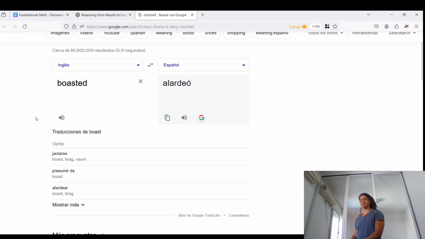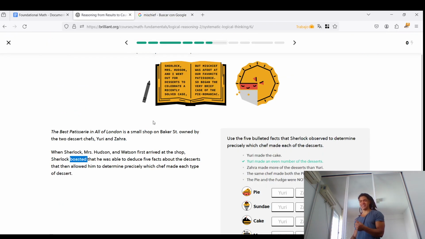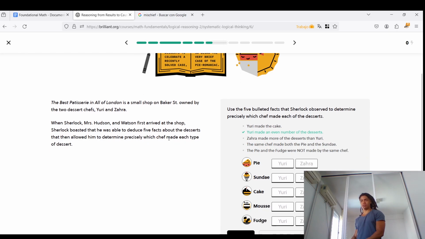Brag. So Sherlock bragged that he was able to deduce 5 facts about the dessert that then allowed him to determine precisely which chef made each type of dessert.